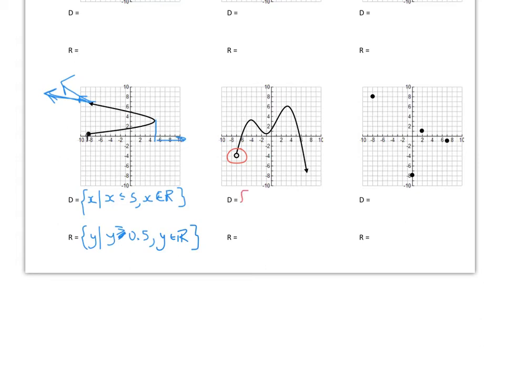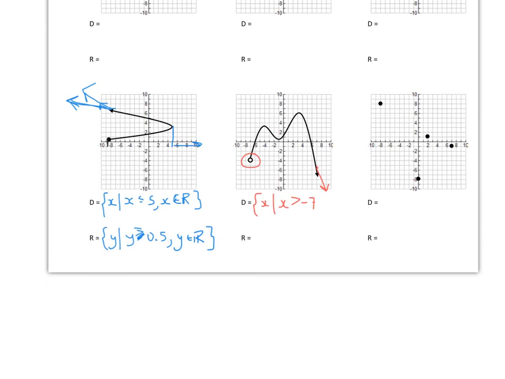So my domain is the set of x such that x has to be greater than -7, and I continue on and on in this direction afterwards, moving outwards with my x values. So x has to be greater than -7, and x is an element of the real number system because we're using a continuous curve as opposed to just individual dots.